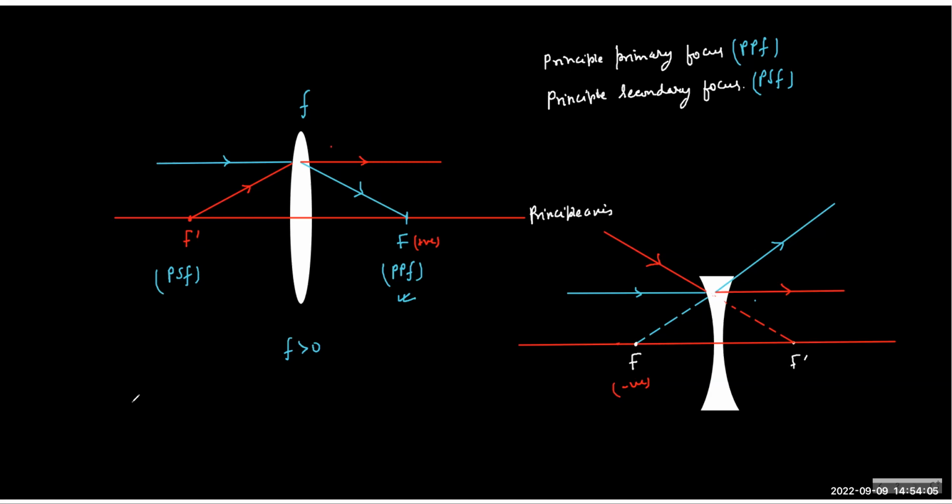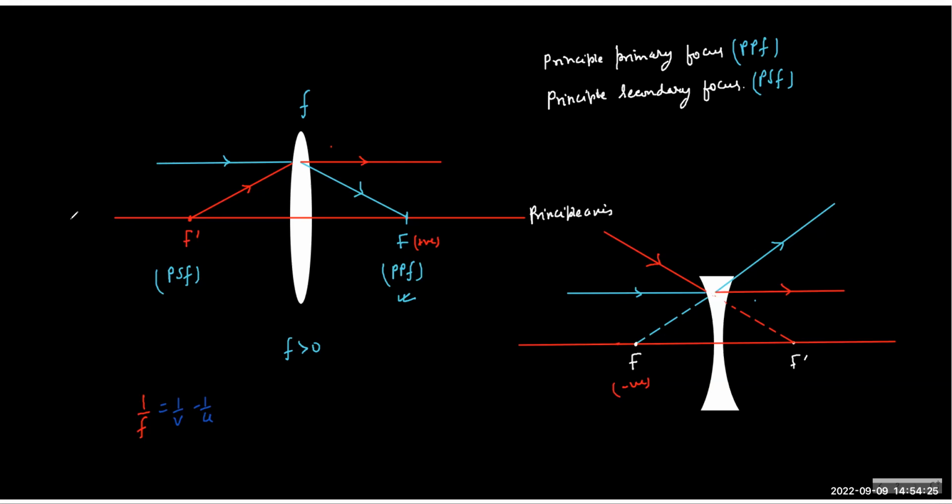If I use the lens formula again, I want u and v to be equal in value and opposite in sign. Let's say u is d.